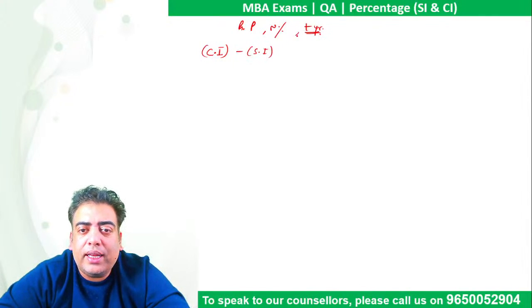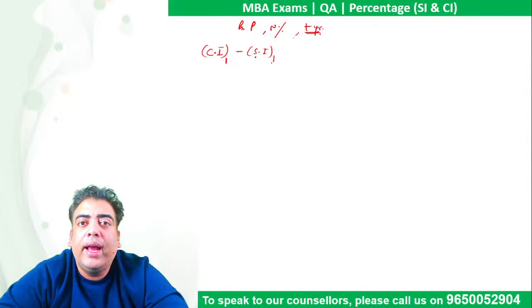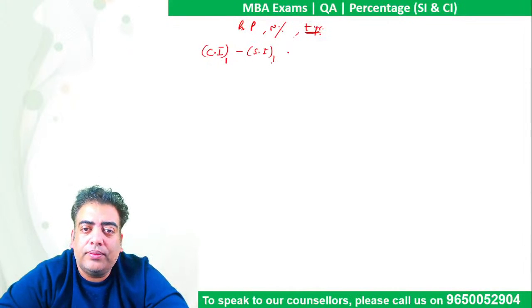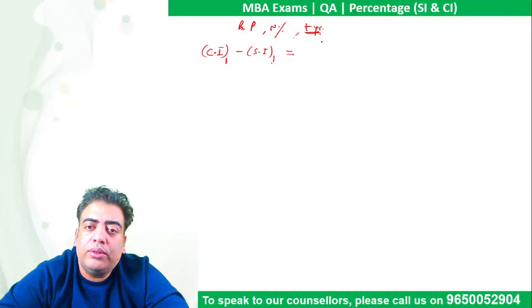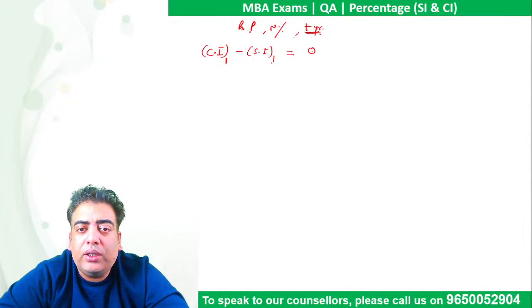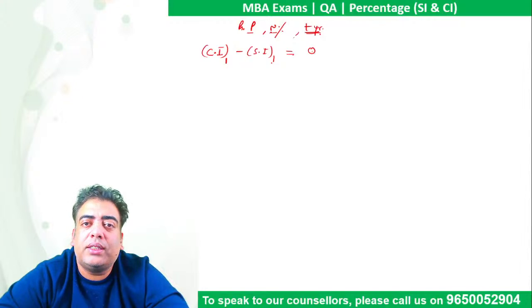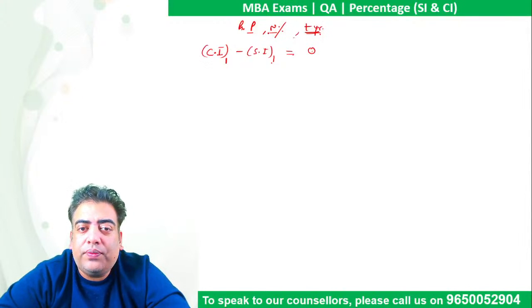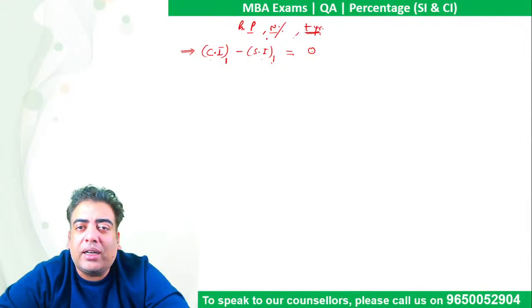If I take T as 1, the difference between compound interest after 1 year and simple interest after 1 year will be 0 when your principal and rate of interest are same, which effectively means whether you invest at compound interest or at simple interest for 1 year, your total amount will be same, because the interest you are getting in both the cases will be same.